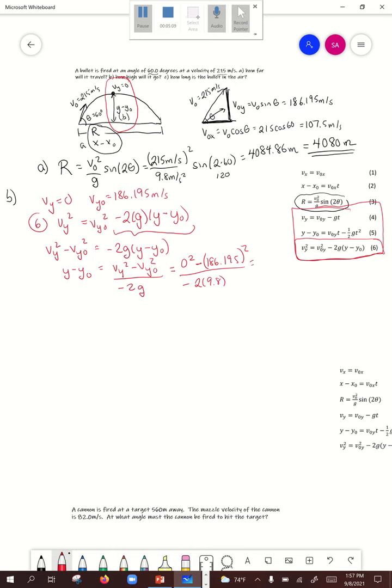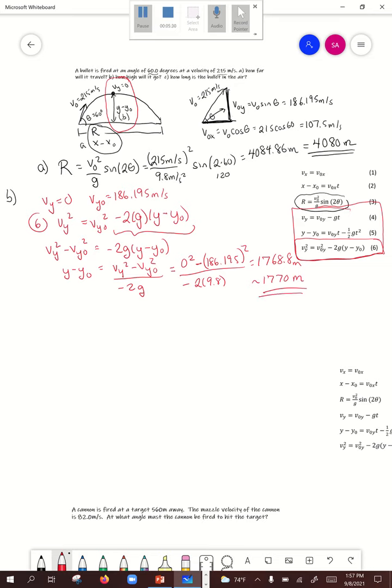I put all that in my calculator. I get, there's my number, a distance of 1,768.8 meters, and to three significant figures, that's 1,770 meters, which is just over a mile.